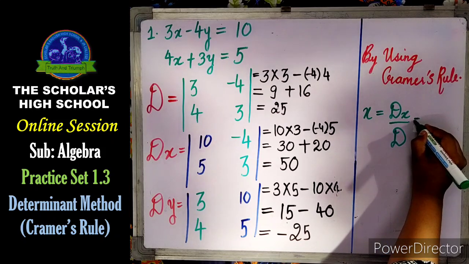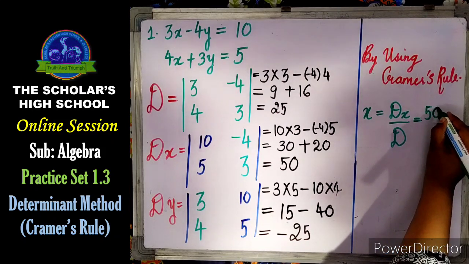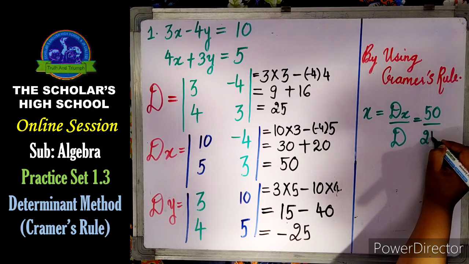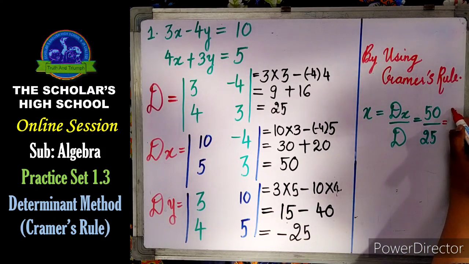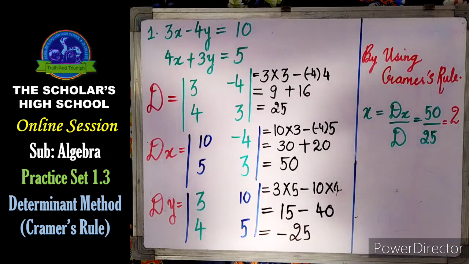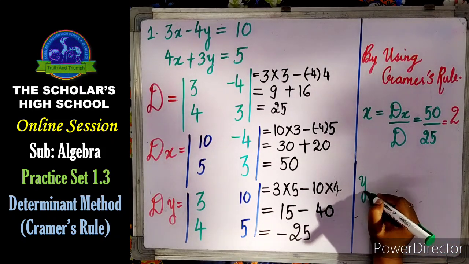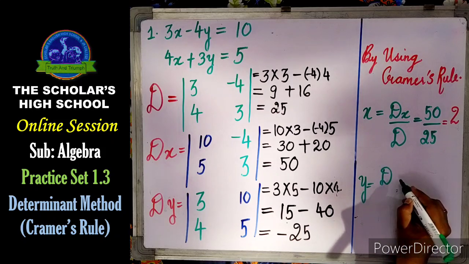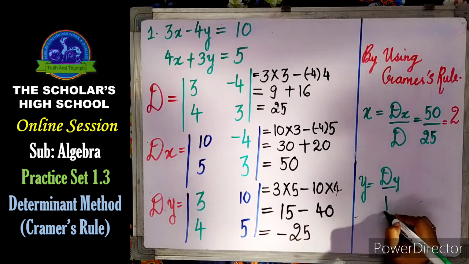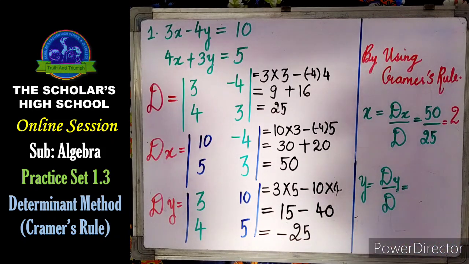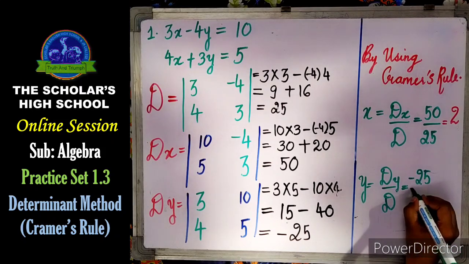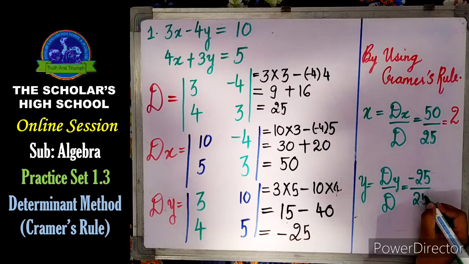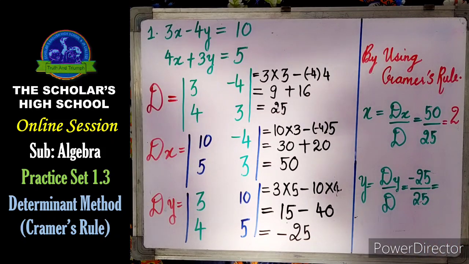We have values, that is 50 upon 25. So 50 upon 25 is 2. Now we are going to find out y. Your y is dy upon d. So the value for dy is minus 25 and the value for d is 25. So it will be minus 1.